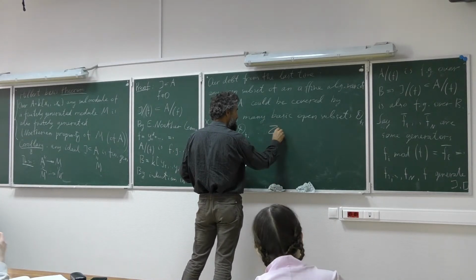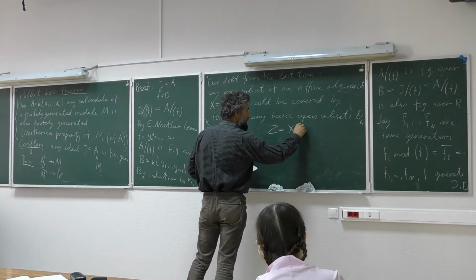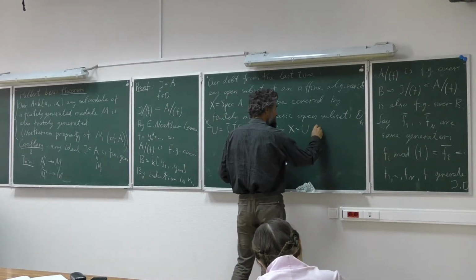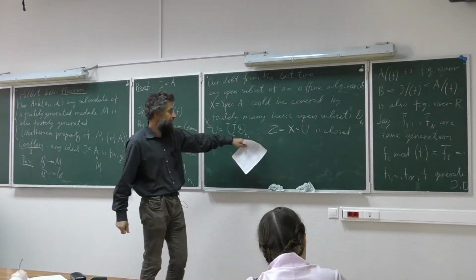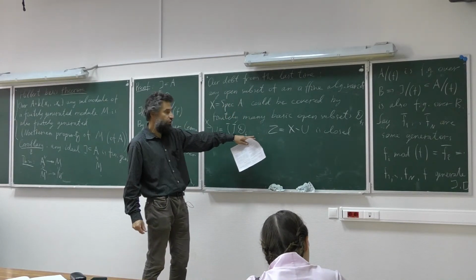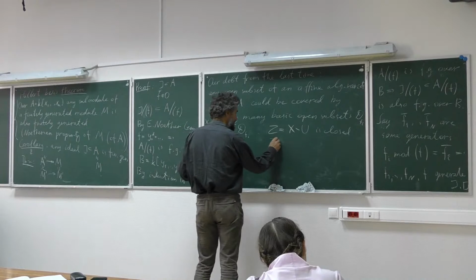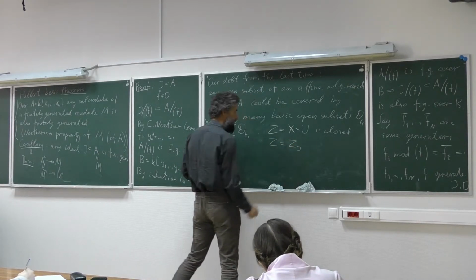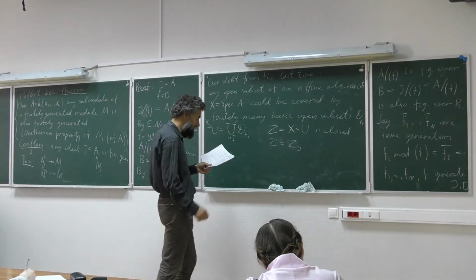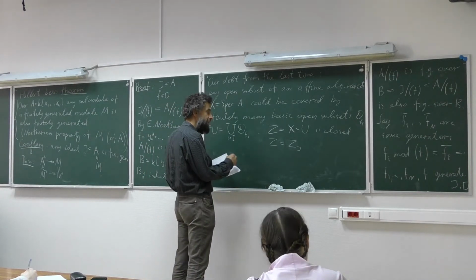Say Z, that is X without U, is closed. And by definition of the Zariski topology, this is the zero set of some ideal J. But now this J is necessarily finitely generated.